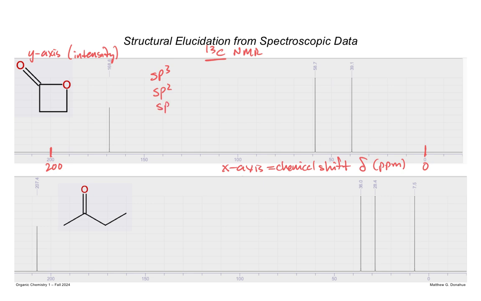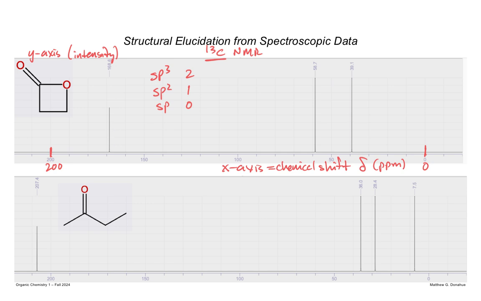So remember we said there were 2 sp3, 1 sp2, and no sp. Does that sort of lead you closer to the answer? So the one at, what's that, 168, so that's sp2.